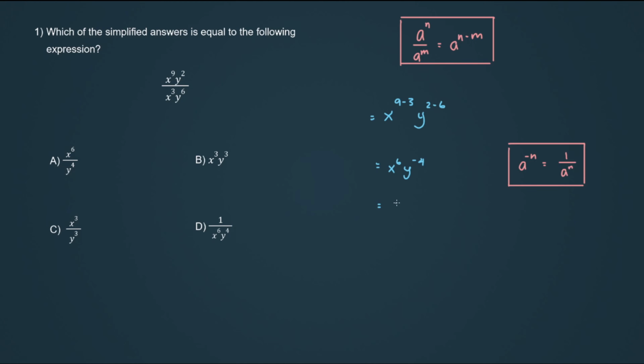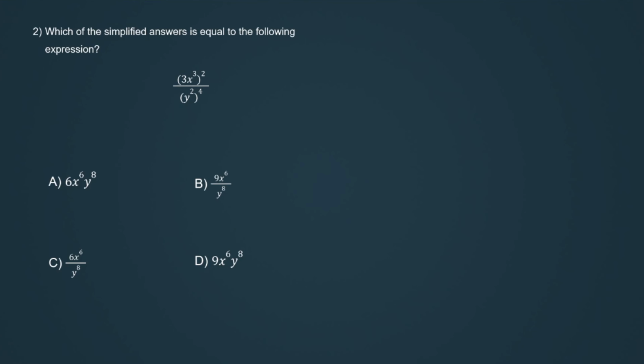So in this case, that x to the 6 is going to stay exactly where it is. It was already positive. But that y to the negative 4, we had a negative exponent, so it's going to go to the bottom. The sign of the exponent is going to turn positive. And so this is the answer for question 1. It's x to the 6 over y to the 4. And that is A.